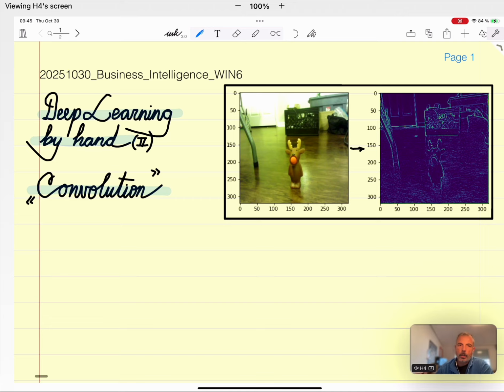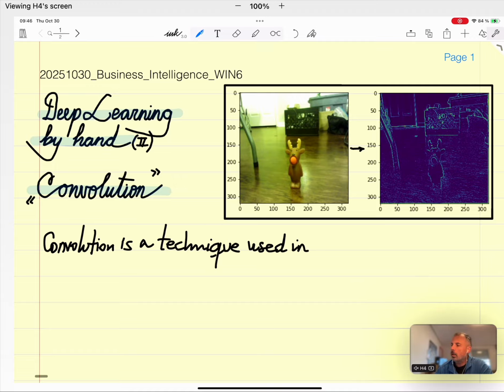So convolution is a technique used in image processing.